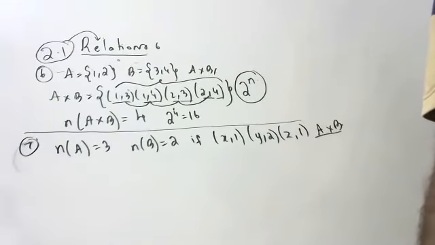Find A and B, where x, y, z are distinct elements. Find A and B, he is saying, children. Yes children, can anyone see what A cross B is?